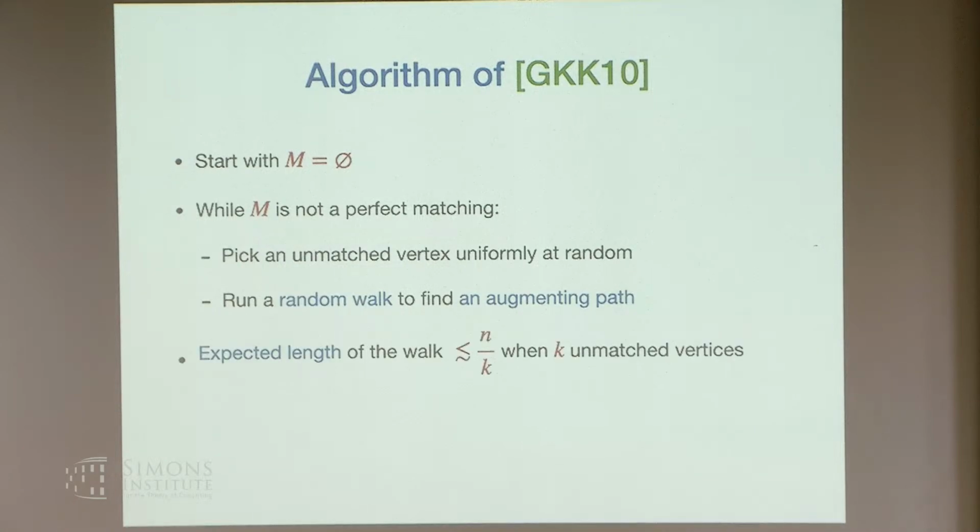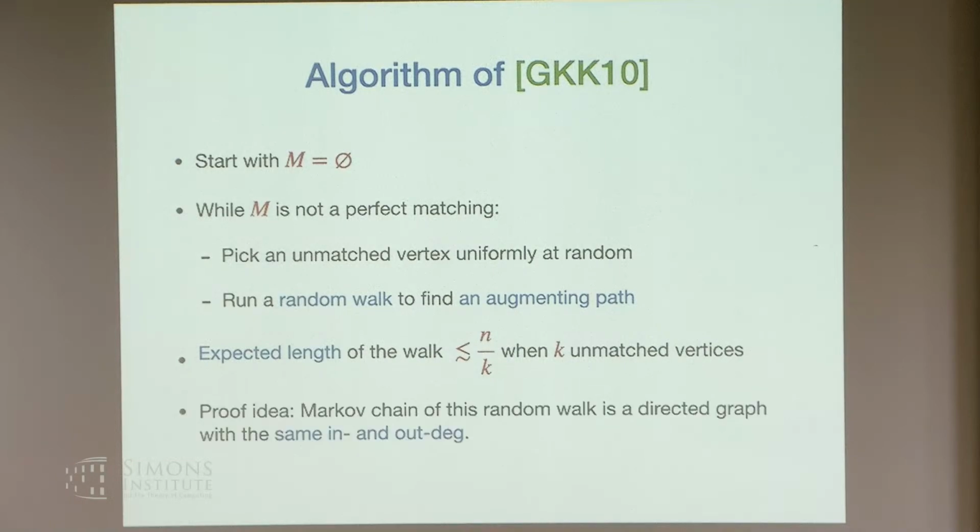And what they show is that if you have roughly k unmatched vertices, the length of the walk is n over k. And once you know this fact, computing that the runtime is n log n is trivial. You just sum up 1 over k, k from n to 1, for instance, which becomes n log n.